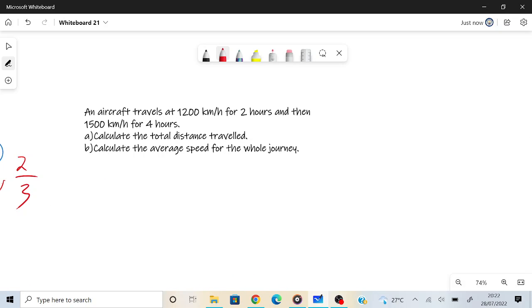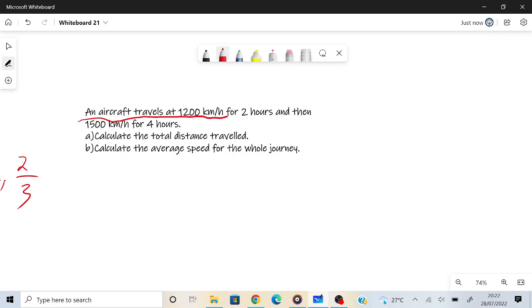Right, this one says an aircraft travels at 1,200 km per hour for 2 hours, and then 1,500 km per hour for 4 hours. Part A wants us to calculate the total distance traveled.